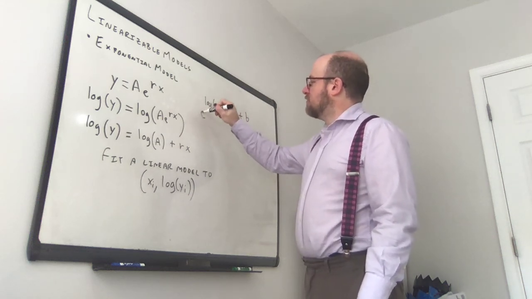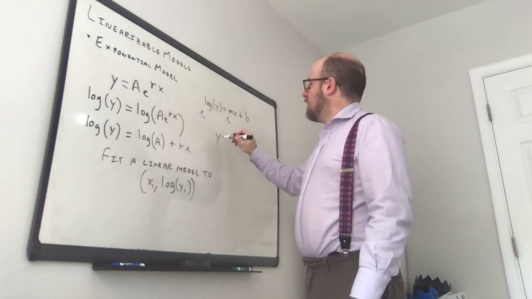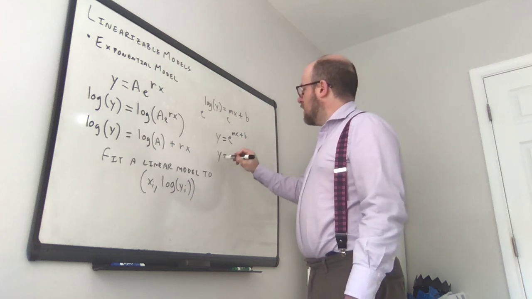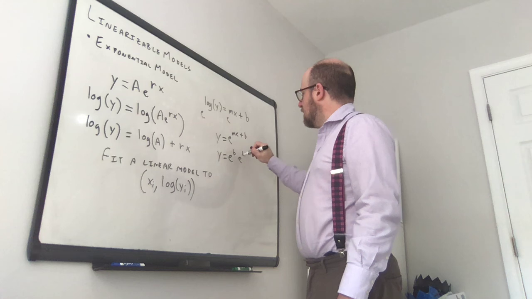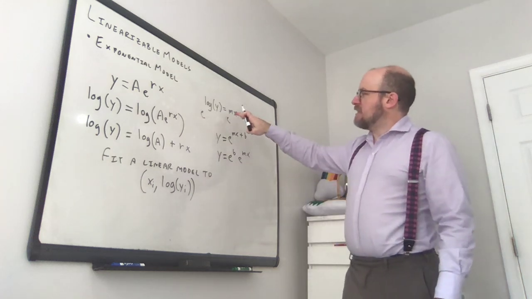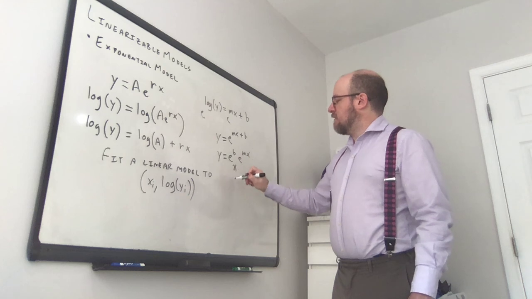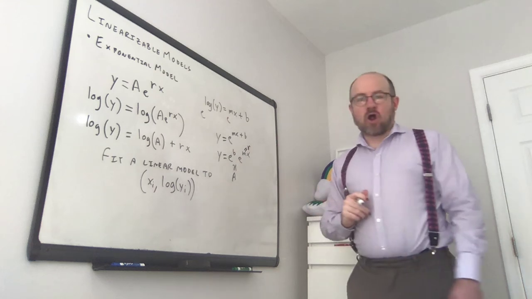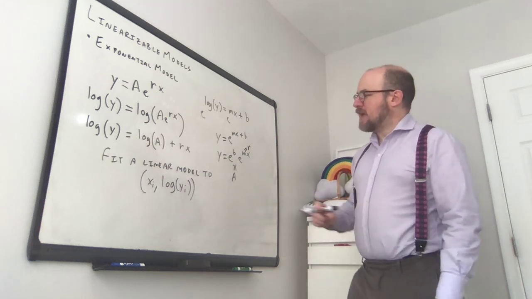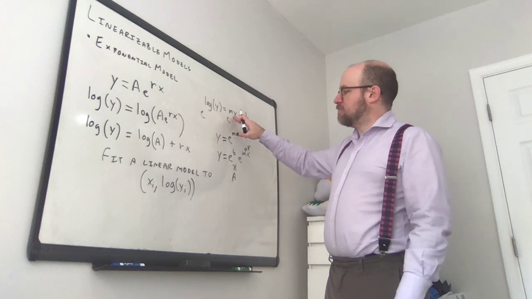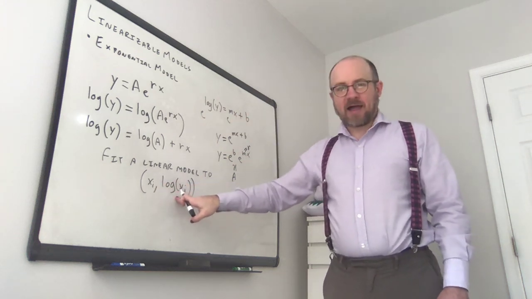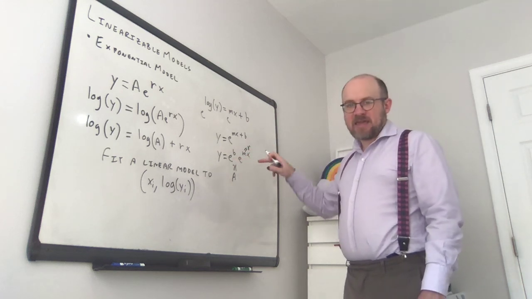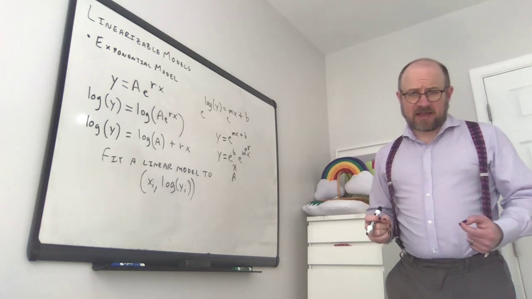So if you exponentiate both sides, we get y equals e to the mx plus b, or if you prefer, y equals e to the b, e to the mx. So this e to the b effectively is our a, m is effectively our r. Okay? And so if you find a line mx plus b that fits the data set xi, log yi, the corresponding exponential function y equals e to the b, e to the mx will fit your original data.